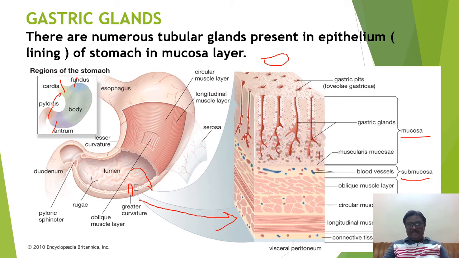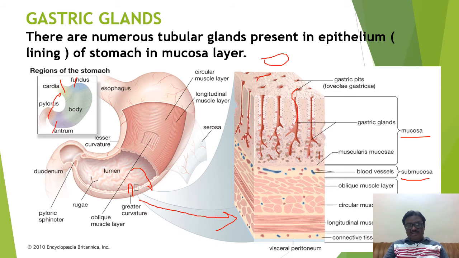In the stomach, this is the innermost layer, which has certain pits. You can see here, these pits are the gastric pits. These gastric pits open into a tube-like structure, and this tube-like structure is the gastric gland. Anatomically, the gastric gland is a tubular, branched or unbranched structure.